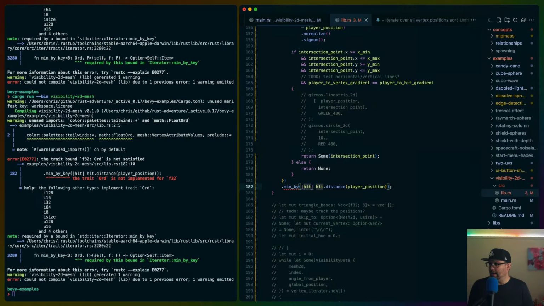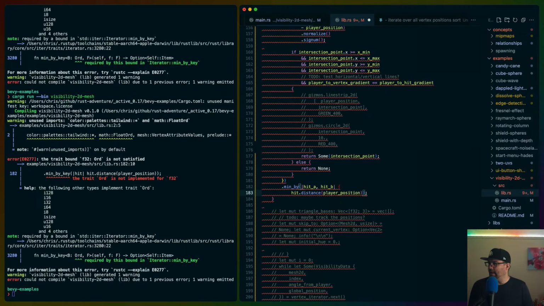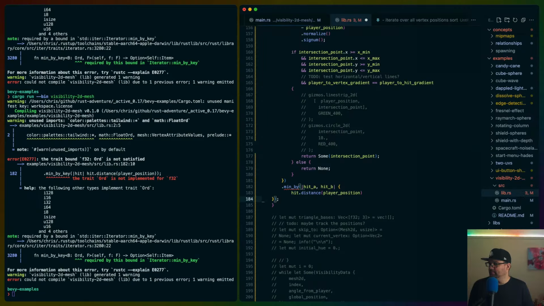So we'll have to do min by hit A, hit B, player position. This needs to be total comp, not comp. I just happen to know that.